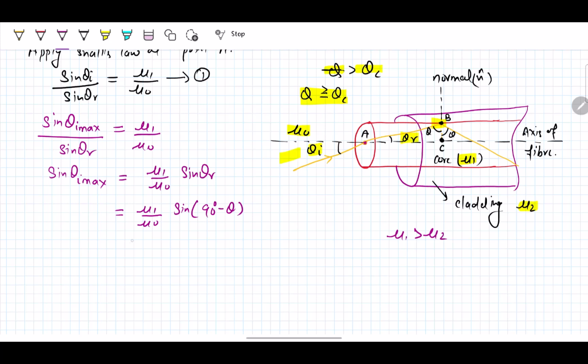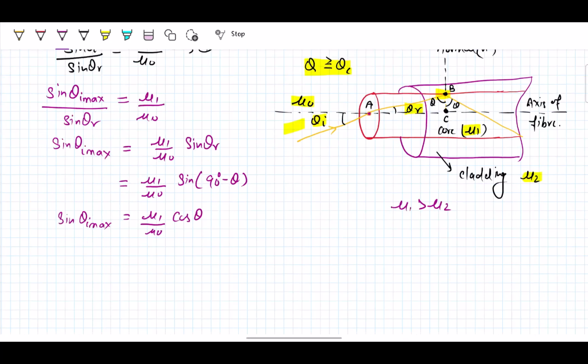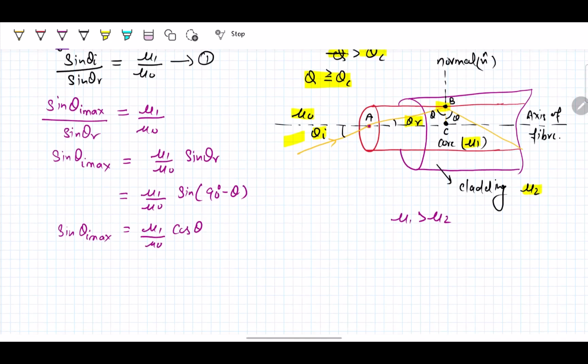So this becomes mu1 over mu naught cos of theta, right? And we are finding sine theta I max. If theta is equal to the critical angle theta c, sine theta I max is equal to mu1 over mu naught cos of theta c, right? And this is my equation number 2.